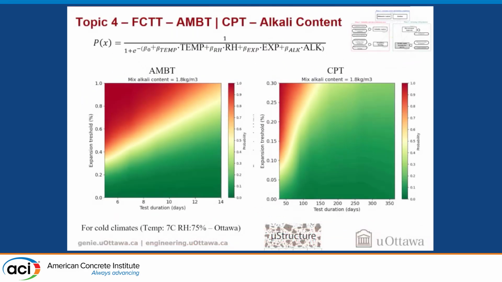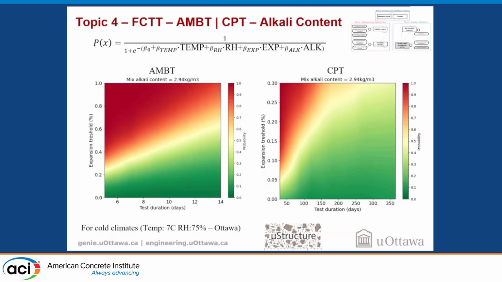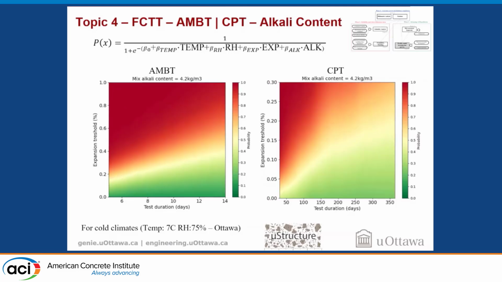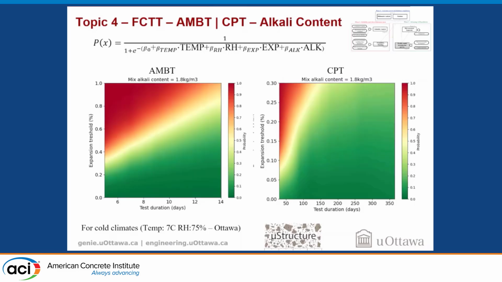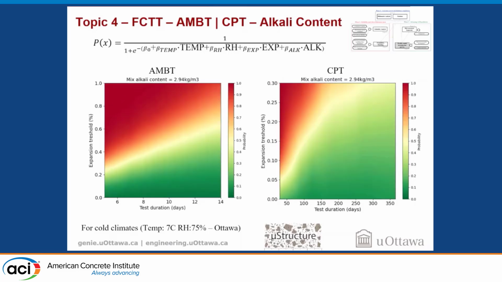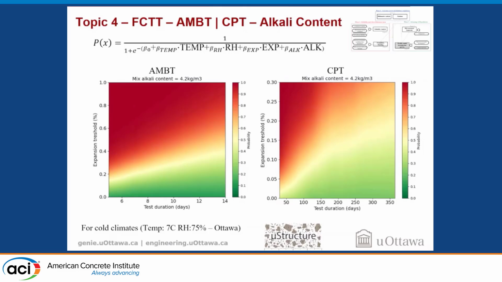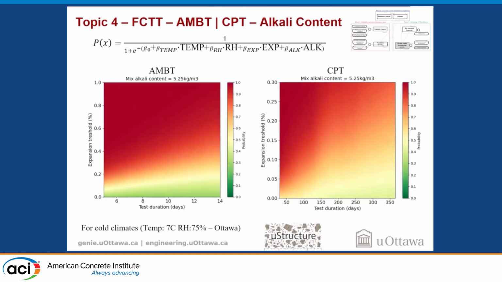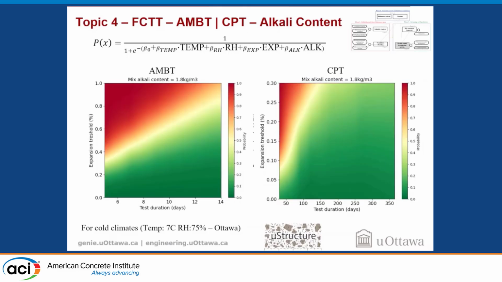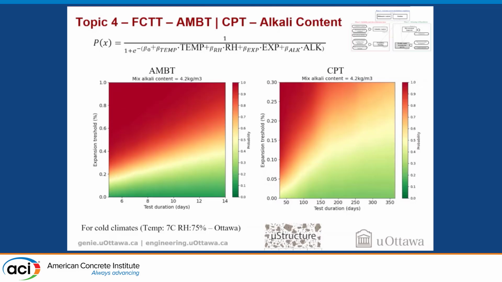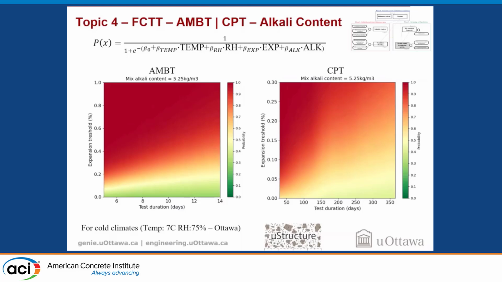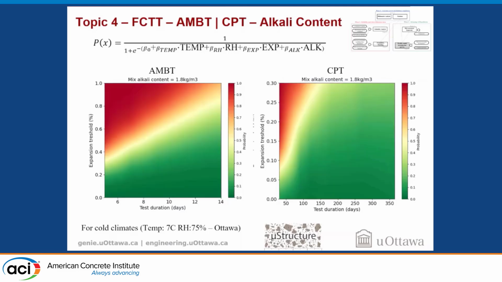And then we created this type of tables for the Accelerated Mortar Bar Test and for the Concrete Prism Test that vary as a function of the amount of alkalis you have in the system. So we know that the higher the amount of alkalis, the higher the likelihood of having alkali-aggregate reaction. However, depending on the temperature and depending on the test you do, the risk associated with that value of the test is different.